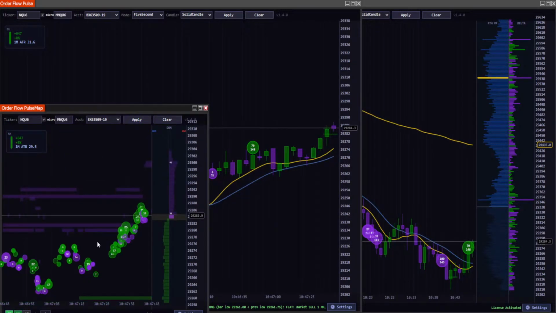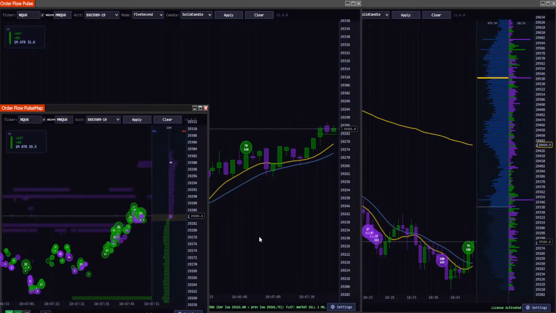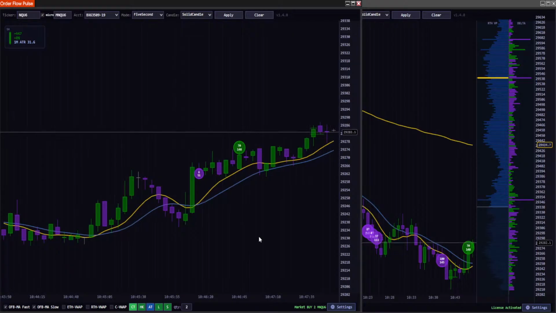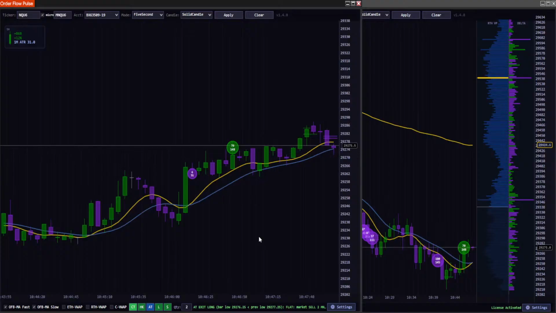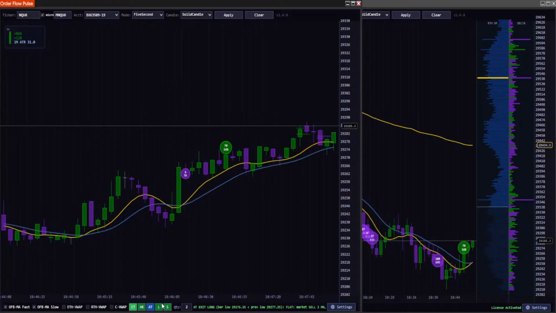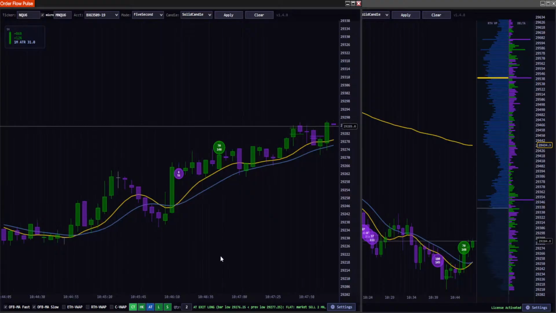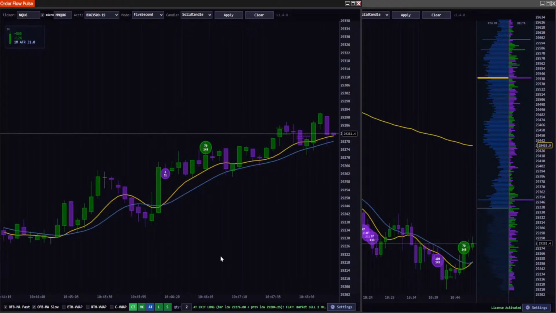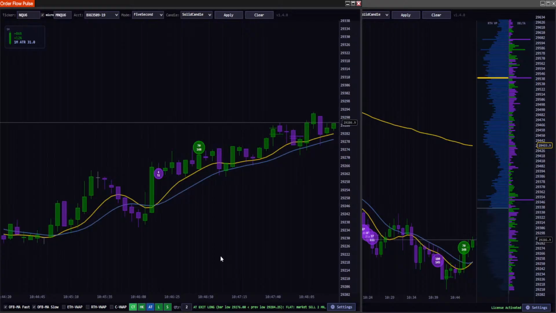Come on, recenter. Thank you. Okay. So when you manually do it, when you have this Auto Trader enabled and you manually get in, it's going to go off of that. Yes. Okay. That makes sense.